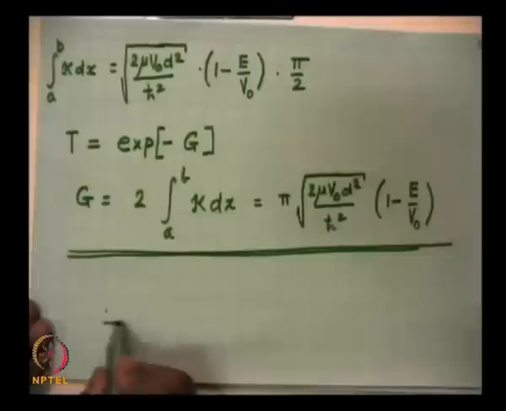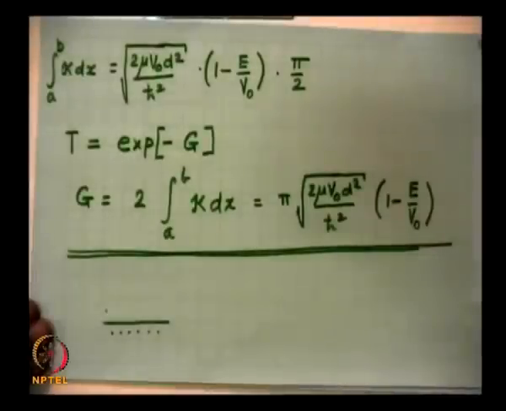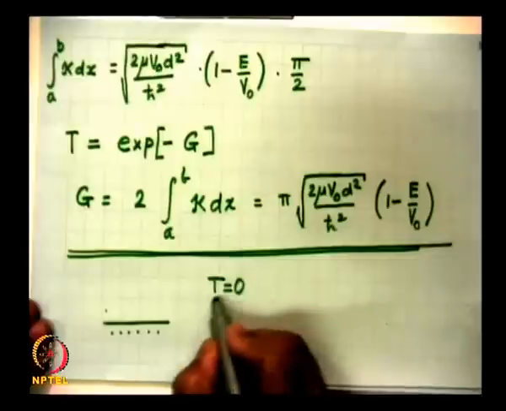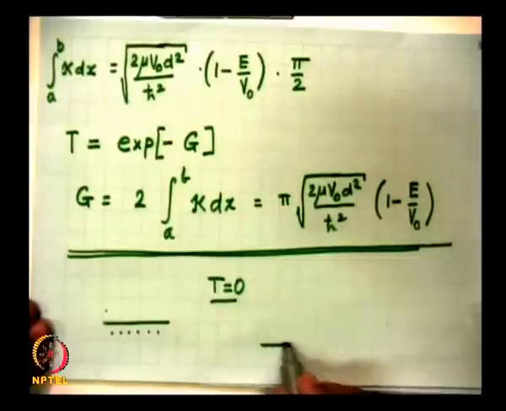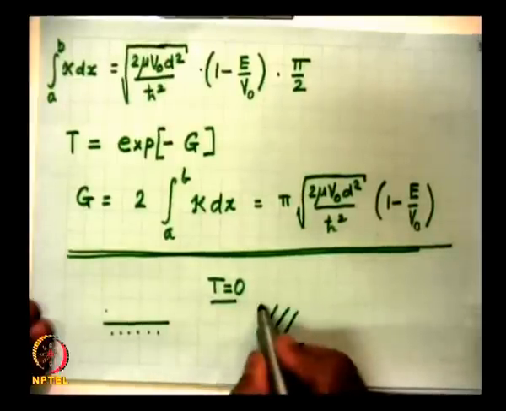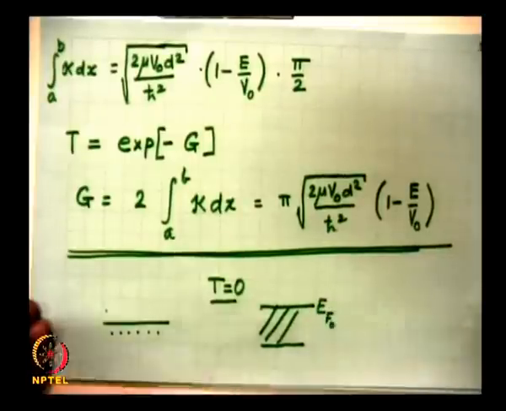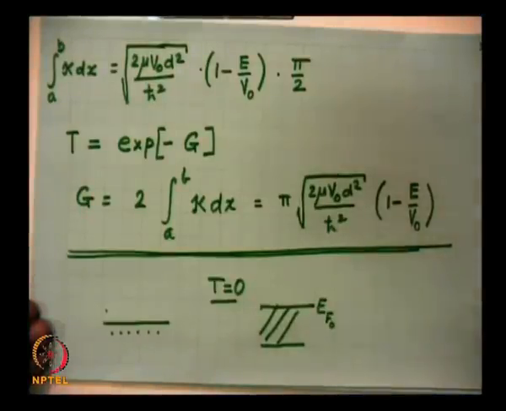Let us suppose you have a metal, and inside the metal there are free electrons, and let us suppose at absolute 0, as all of you know, all the levels up to the Fermi level, say in sodium or potassium, are filled. The Fermi level is around a few electron volts. We had discussed that when we considered the free electron theory of metals.